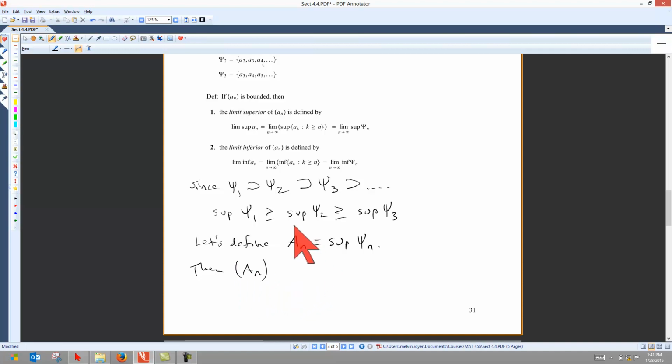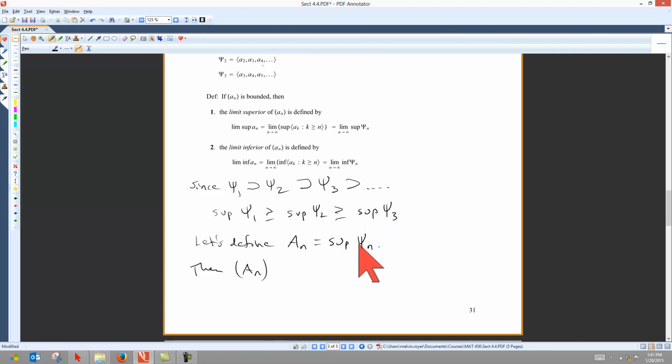Well, first of all, the original sequence, little a sub n, was bounded, so all of the psi's are bounded sets, and so each of these suprema is a finite number and bounded as a list, and so a sub n is well defined.